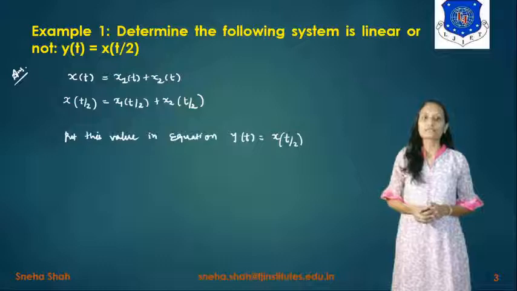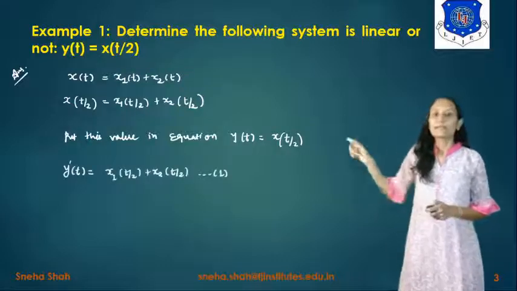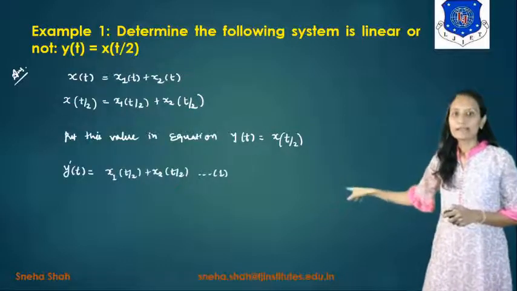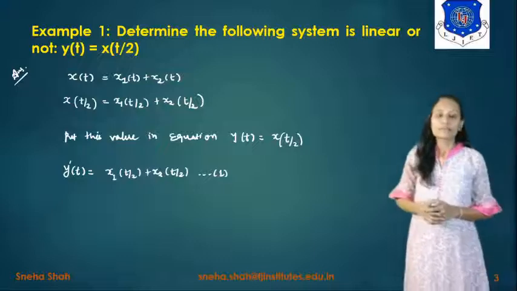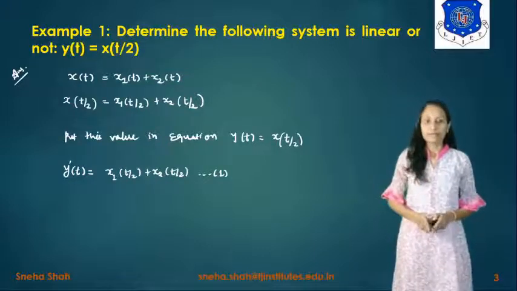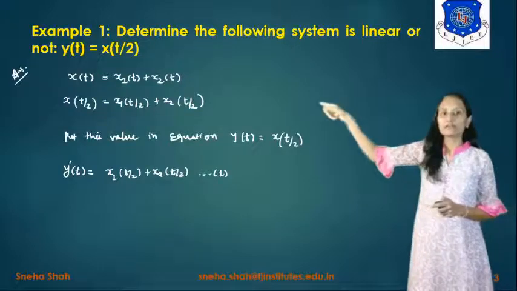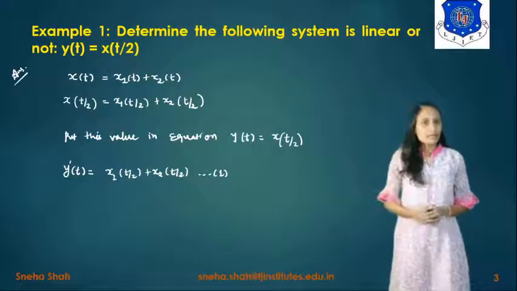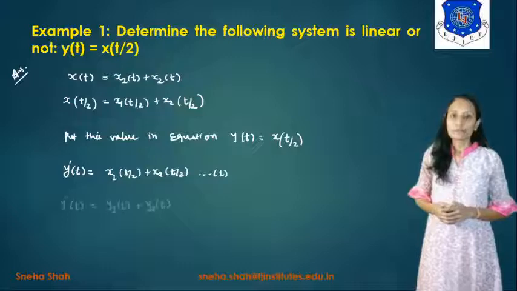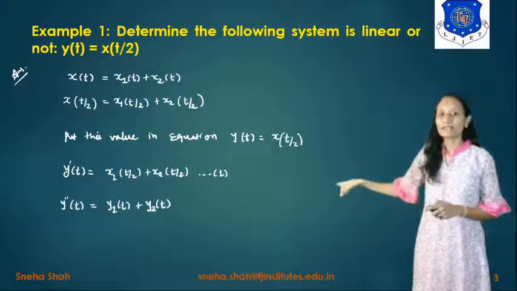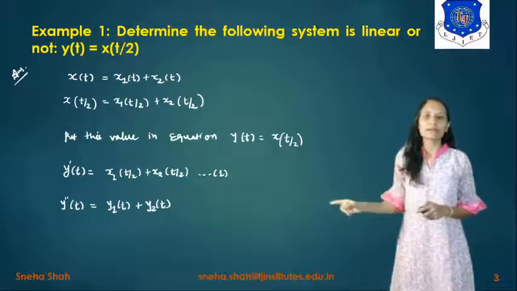So it gives you the output y dash of t equals x1 of t by 2 plus x2 of t by 2. This is equation number 1, which we derived by taking the input as a combination of two inputs. Now we have to take the output as a combination of two outputs, which means y double dash of t equals y1 of t plus y2 of t.